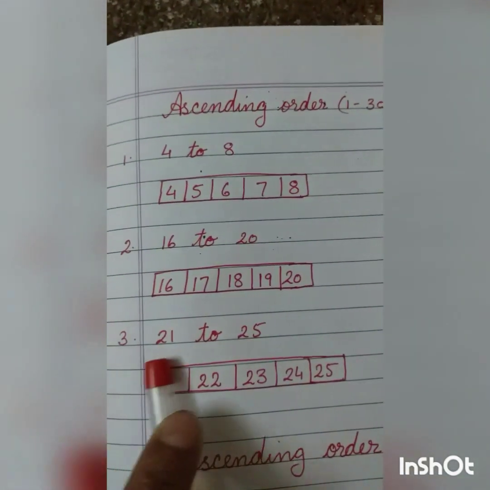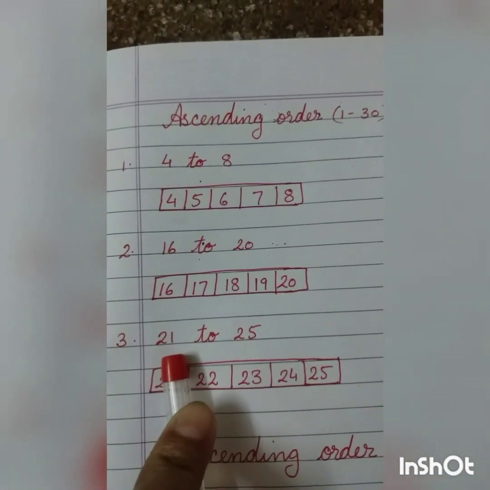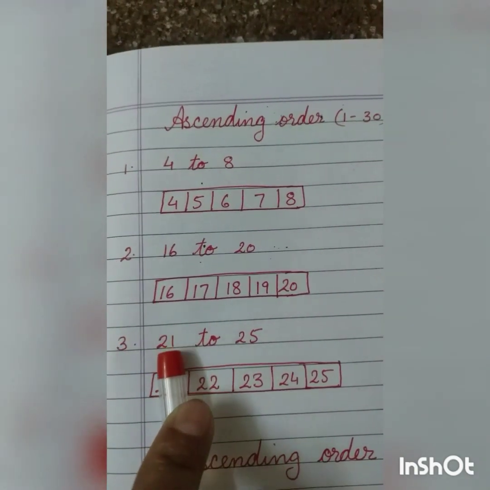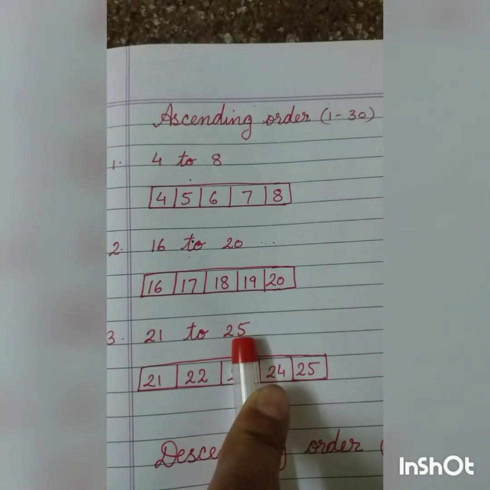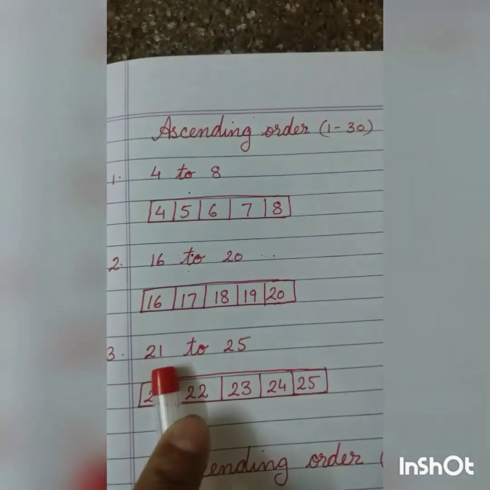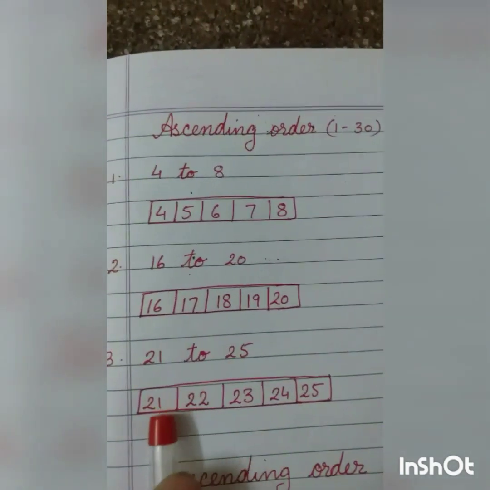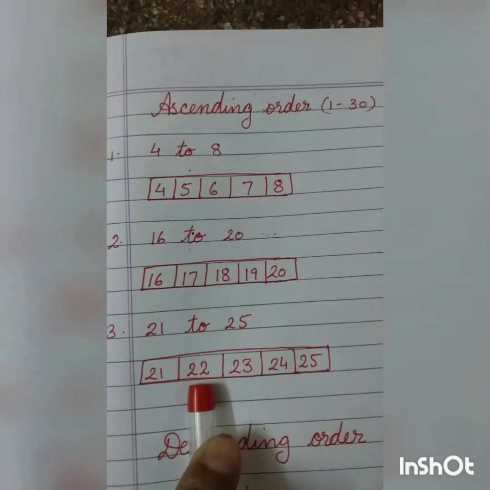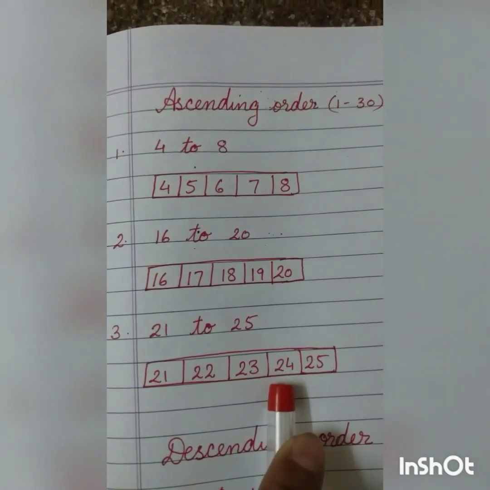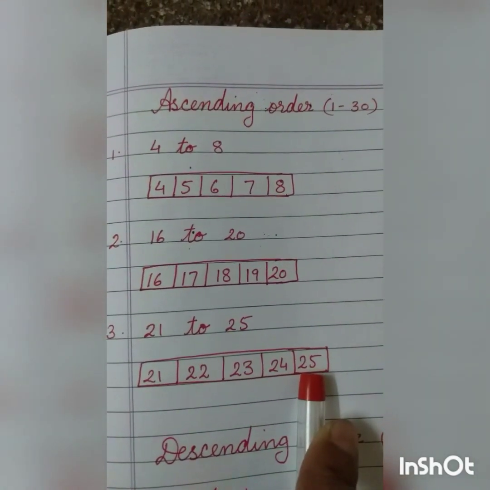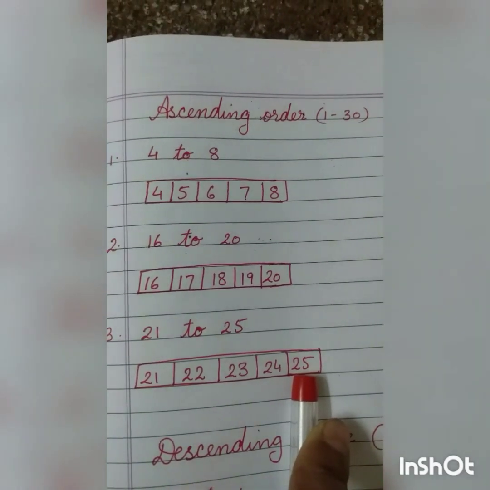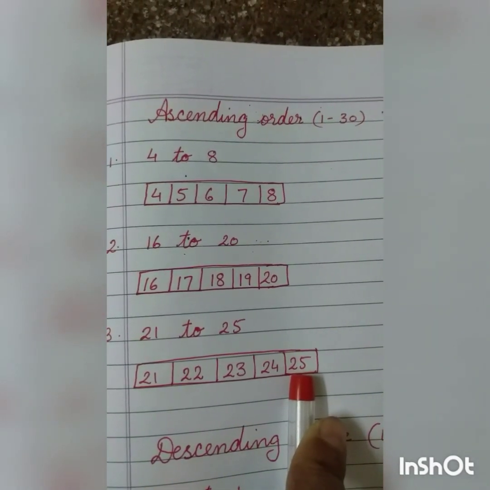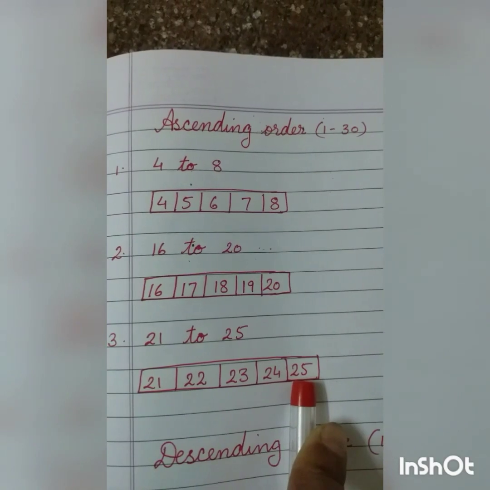Then third one we are writing in ascending order from number 21 till 25. 21 to 25. So we will start with number 21. Then 22, 23, 24, 25. We have ended with number 25.